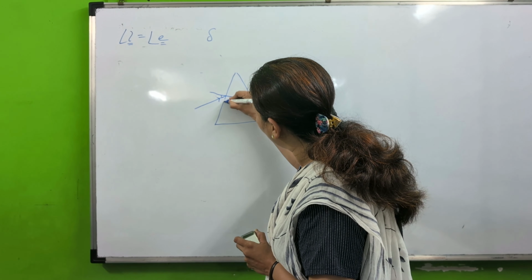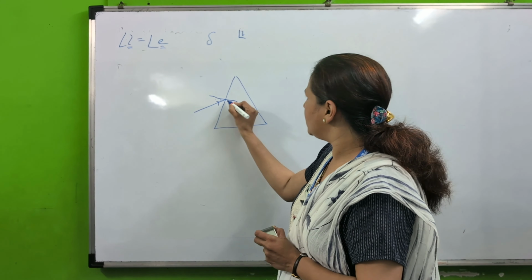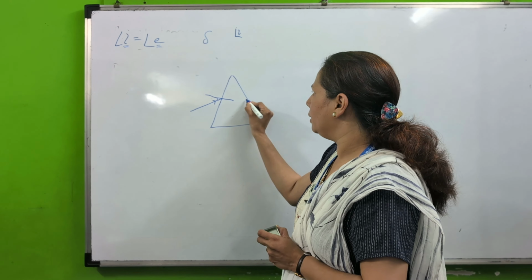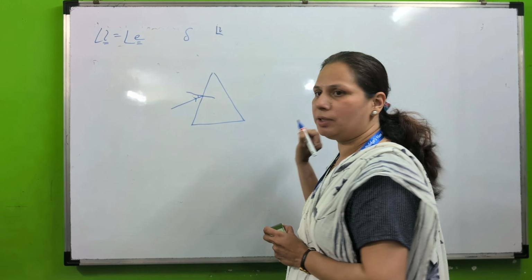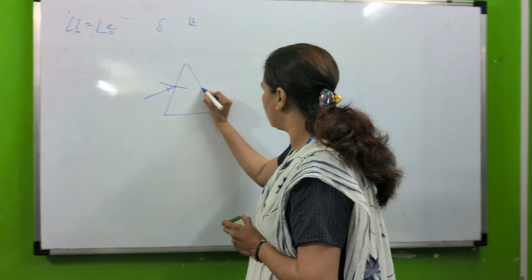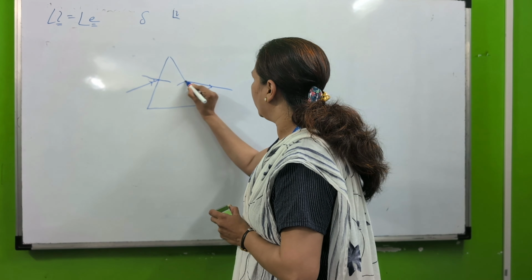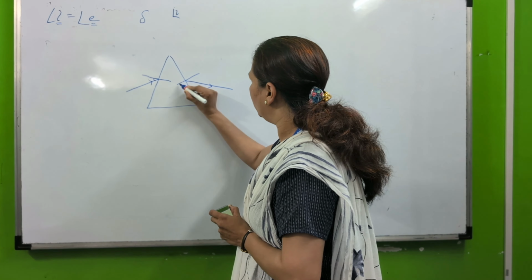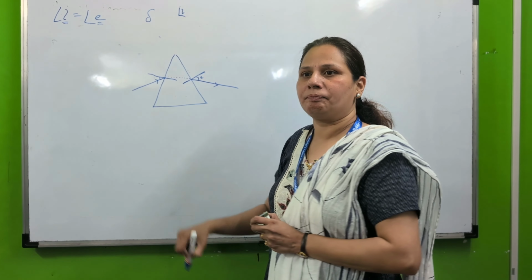So this is the angle of incidence I. Now this ray will travel through the prism and emerge from this side. Again I have drawn a normal over here, and this is the angle of emergence. It is coming out. Now I will join these 2 points.